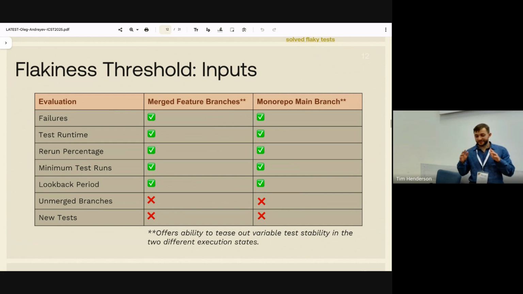We realized that data from each of these two different data sets is very valuable for configuring our thresholds and teasing out the perfect quantity of how many flaky tests we actually want to roll out to teams.